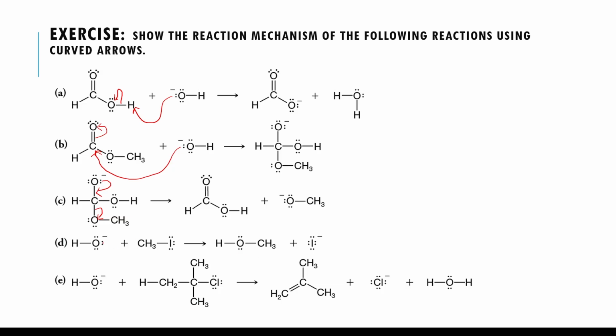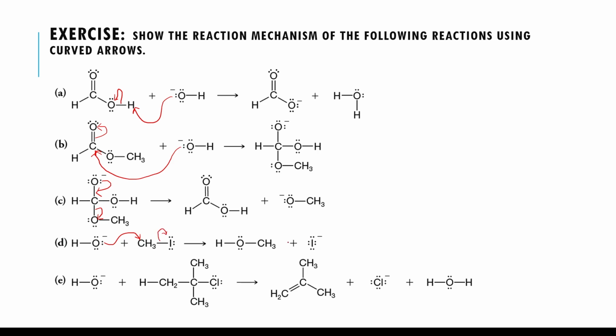So first of all, by using one of the lone pair electrons of oxygen, we have to create a single bond, a sigma bond between oxygen and carbon. Then we have to break also the bond between iodine and carbon, and this bond should be broken.